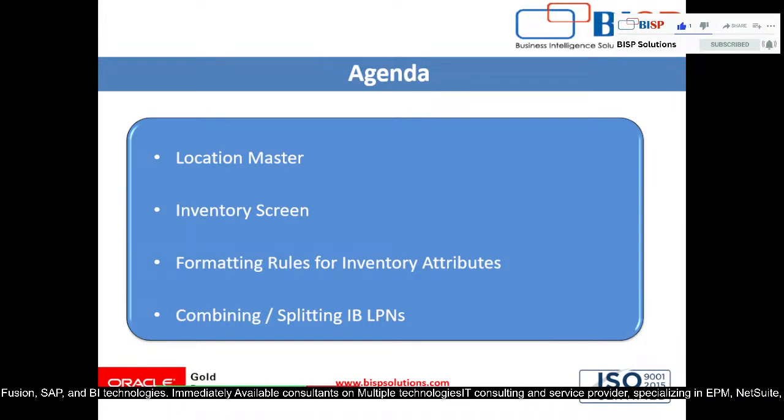So in that way, we have to go to the RF transaction, and we have to select the split control, and we have to scan the LPN that need to be moved into another LPN, and from which part of the inventory it will be moved, right? We have to scan the SKU barcode of the item to be moved to the another LPN. So these are the common steps we have to perform for combining and splitting the IBLPN, right?